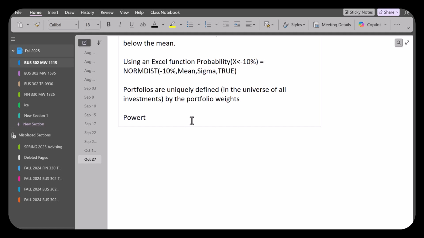And portfolio weight equals dollar amount invested in a security divided by total dollar amount invested. If you put 40% of your money on IBM, IBM has a portfolio weight of 0.40 or 40%.